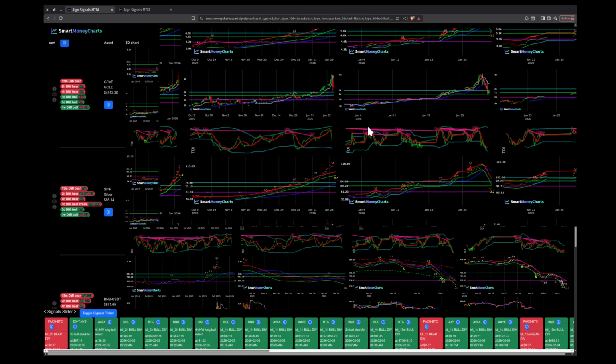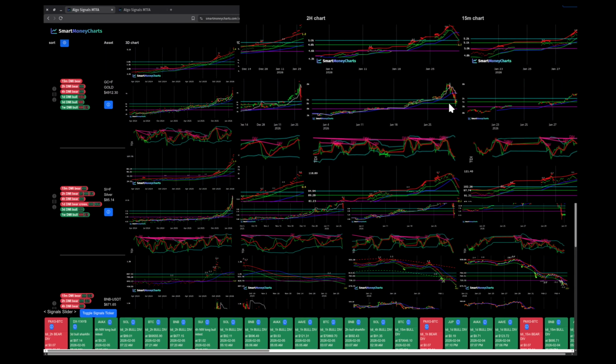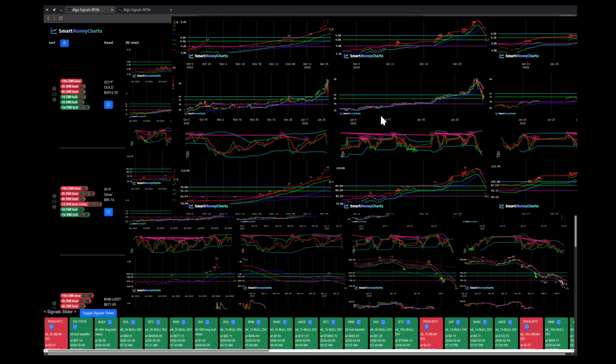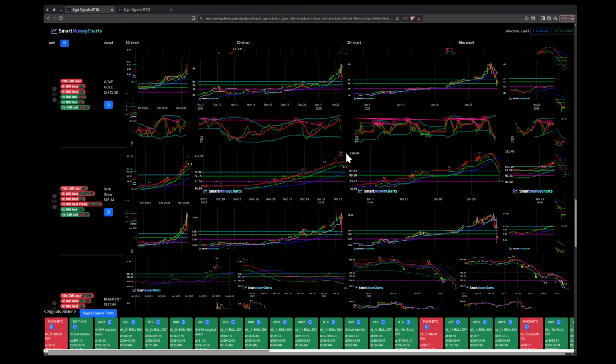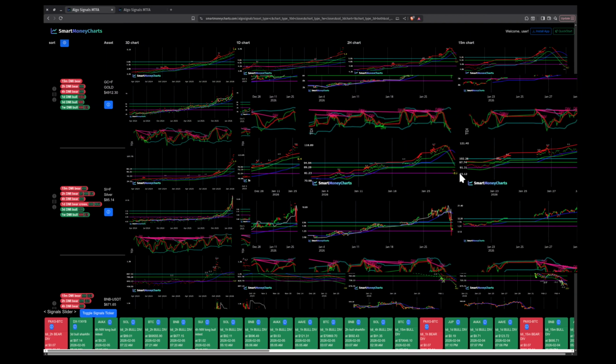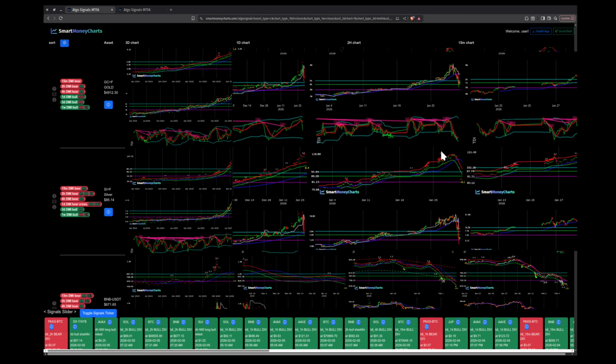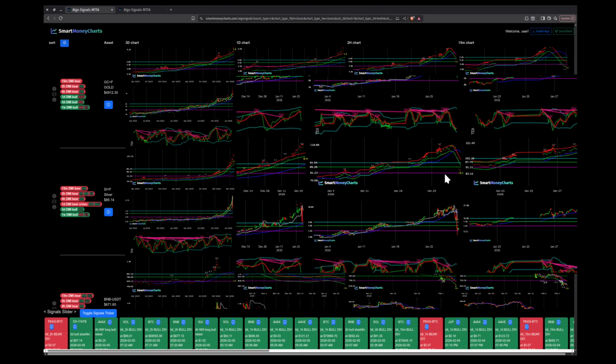Silver was a similar story. I think what's interesting is that gold came down to the 618 of this range for the last 30 days. Okay, and silver, a little more extreme. It came down in the last 30 days to the 786, 76% off of this range from pretty much the start of the year.